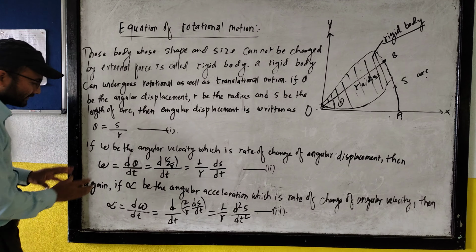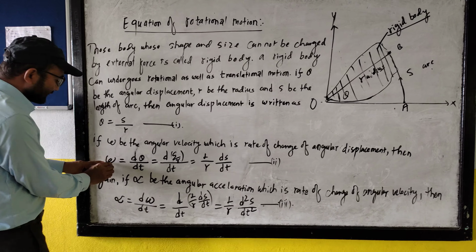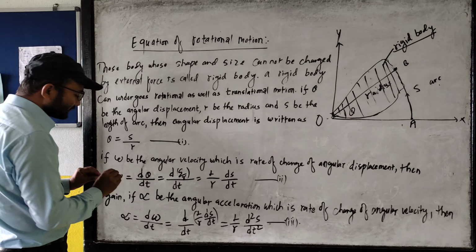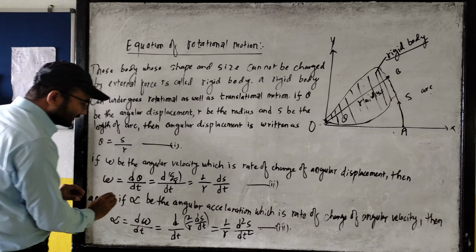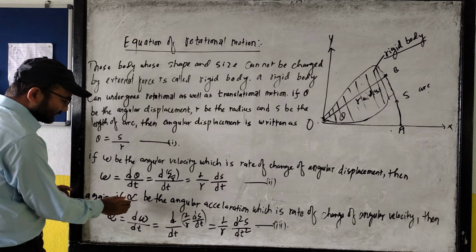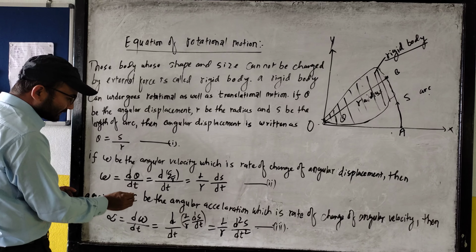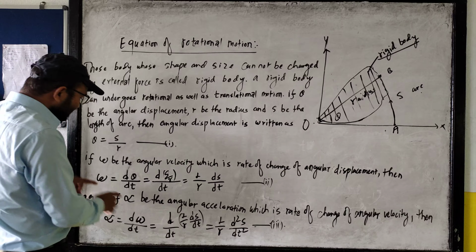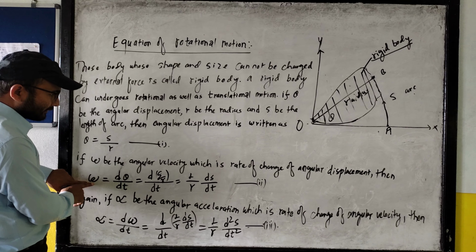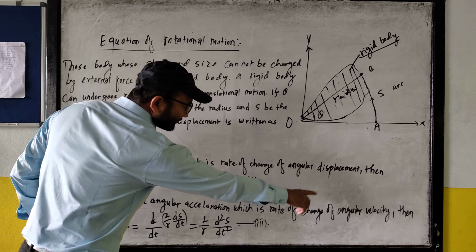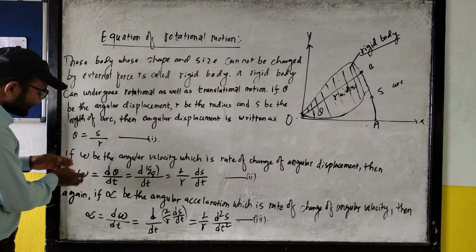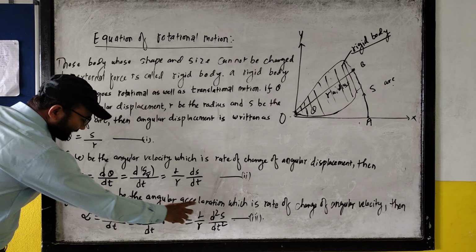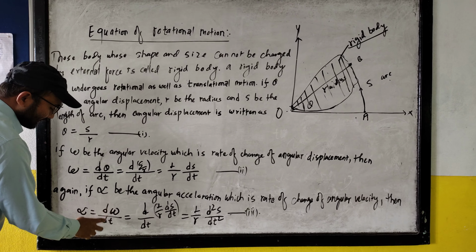This gives some knowledge about this. The angular velocity also changes with time. How does it change? This is taken into account with the help of the angular acceleration, which is the change of this quantity per unit time, the rate of change of angular velocity. Alpha is the angular acceleration, equal to d omega by dt.